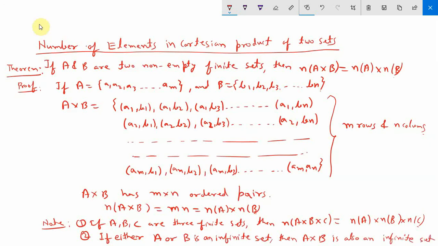Okay. So we have seen how to calculate the number of elements in Cartesian product of two sets.